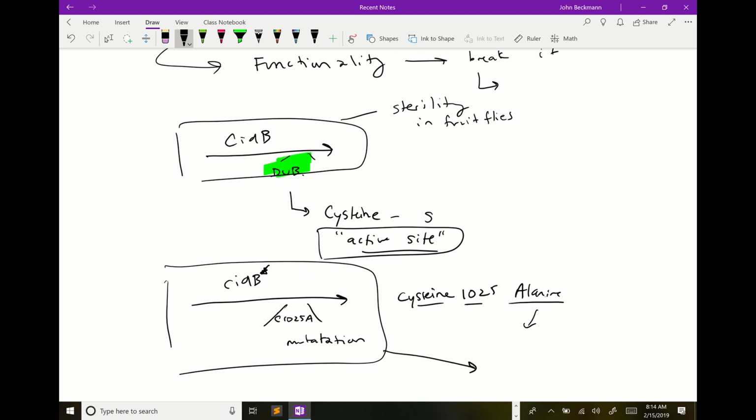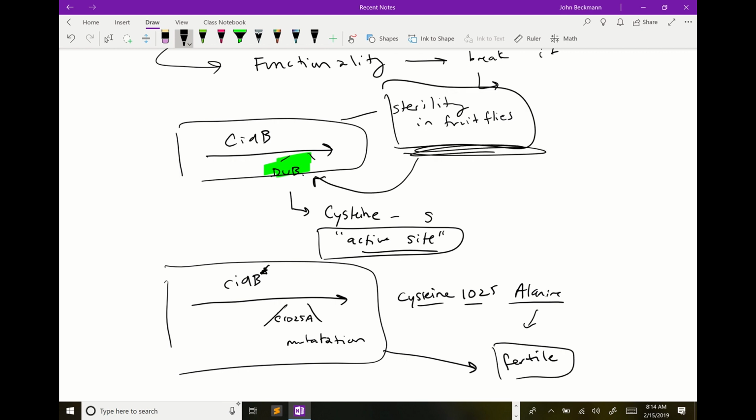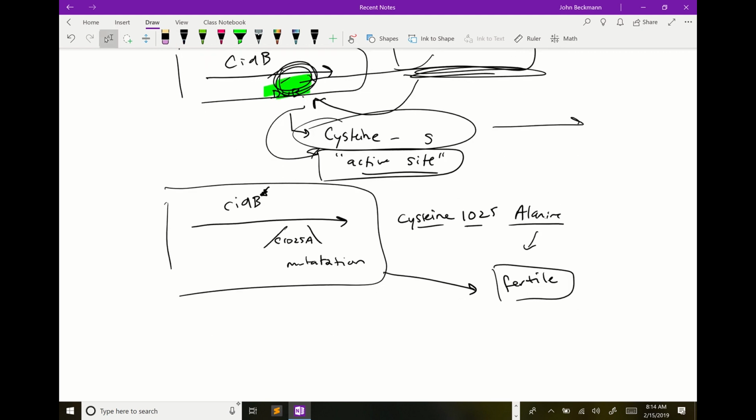And then in this case, the fruit flies that we made were fertile. So we were able to conclude that the sterility up here was specifically due to that DUB enzyme, which had that cysteine. And from now, we can do more mechanistic things like what are the targets of that deubiquitinating enzyme, because we know that the sterility is from that specific spot of that protein. So this is a case where you would want to make a mutation.